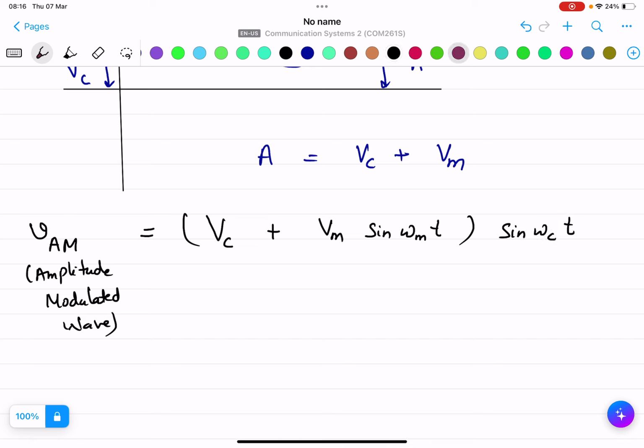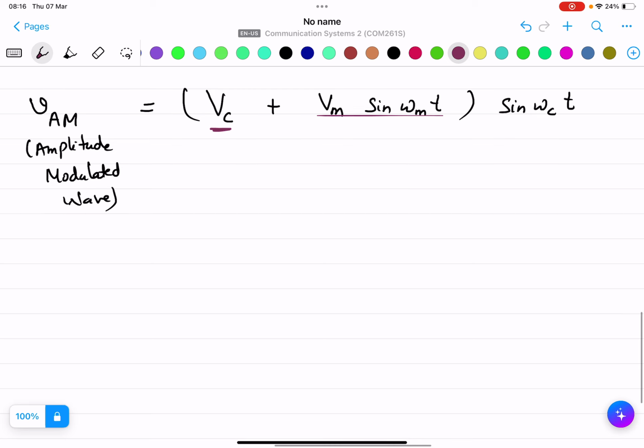Why have we written this? Because this is the carrier signal Vc, and the message signal is superimposed on the carrier signal. The sine omega ct is the carrier frequency, but on the amplitude of the carrier signal, the whole message signal is superimposed. So this is the final expression of the amplitude modulated wave.